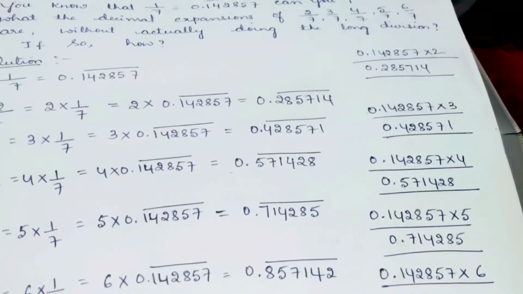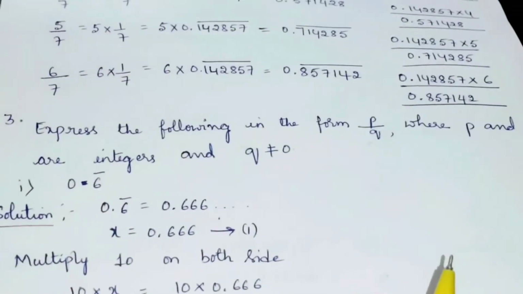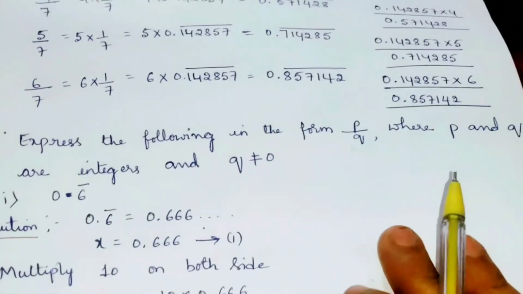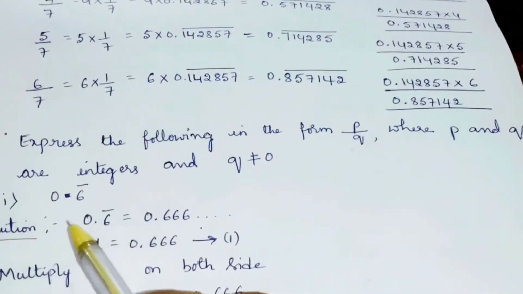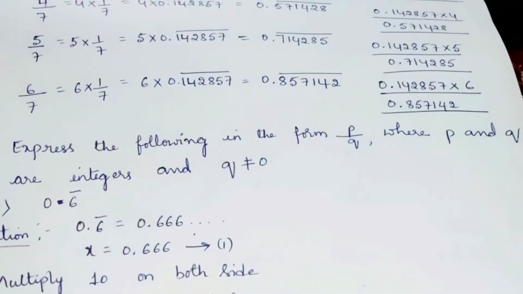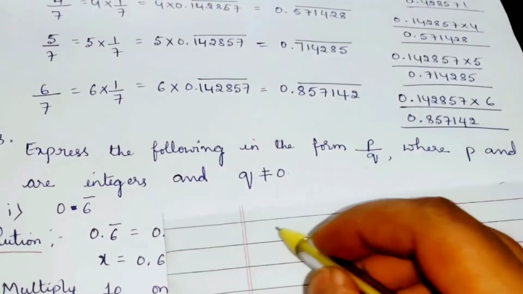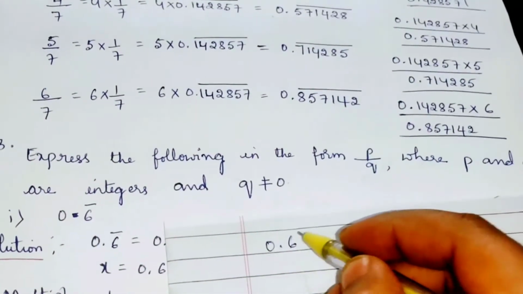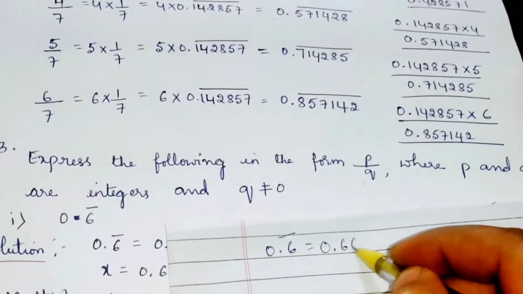This is the procedure to follow. Next question: express the following in the form of P by Q, where P and Q are integers and Q should not equal 0. Now, 0.6 bar is given. You have to express 0.6 bar in the form of P by Q. 0.6 bar means the number 6 has been repeated continuously.